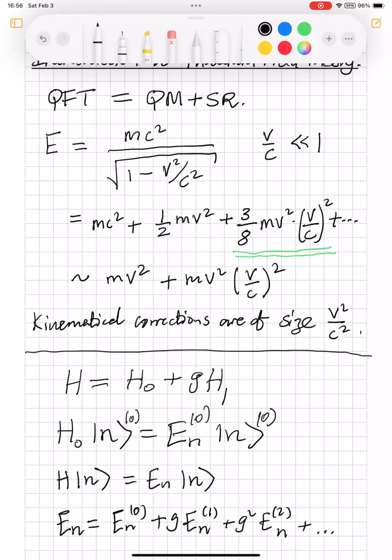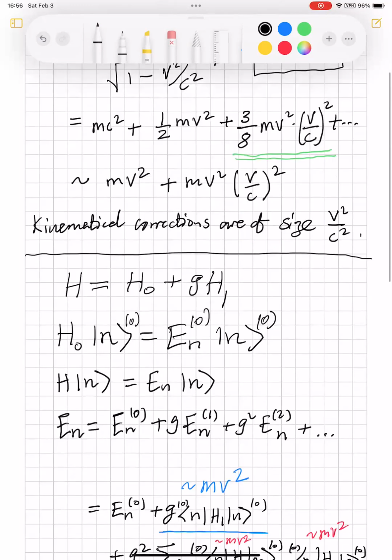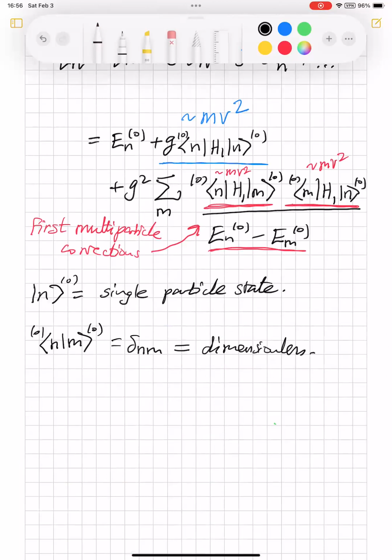Now, when we think about these terms, we know that v over c is very much less than 1. So we can write the energy of a single particle state as mc squared plus something small. The state n is a single particle state, so we know that En0 will be equal to mc squared plus something that is small. So we don't have to worry about the small stuff. The size of En0 is set by mc squared.